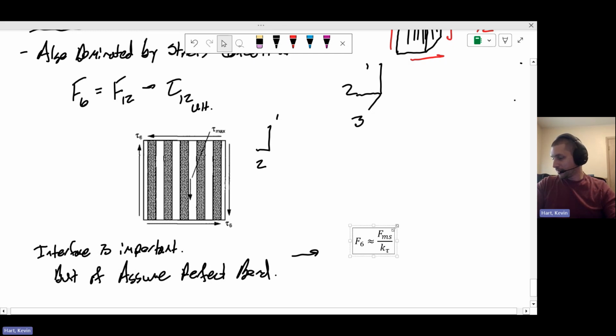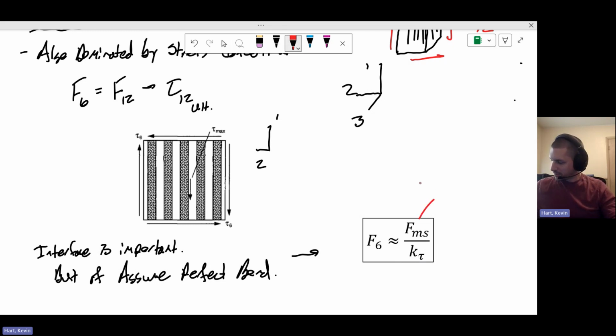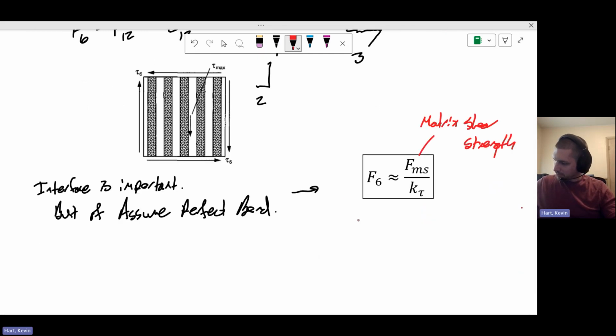The failure strength in the in-plane shear condition is the failure strength of the matrix in shear divided by the shear stress concentration factor. So here this is matrix shear strength, and this K sigma is the shear stress concentration factor.